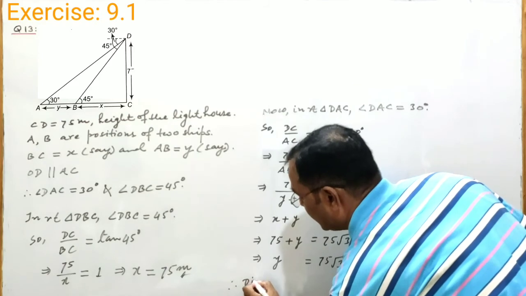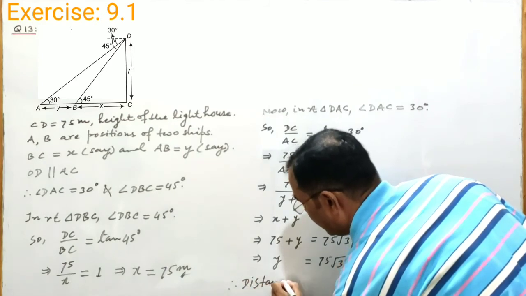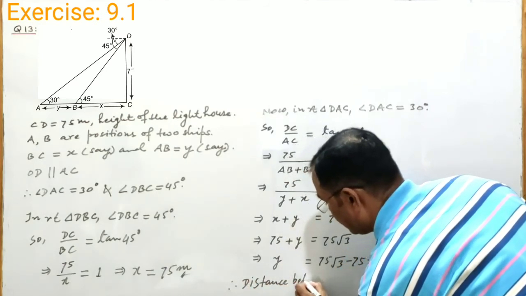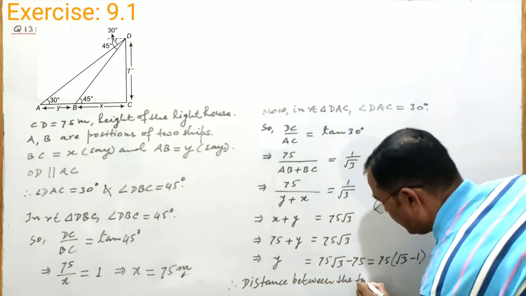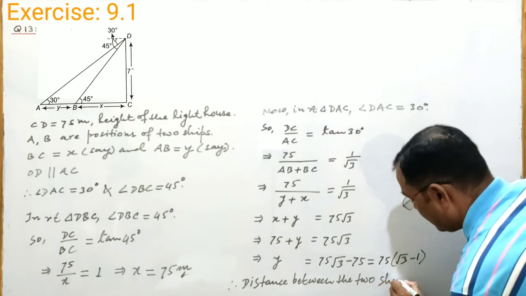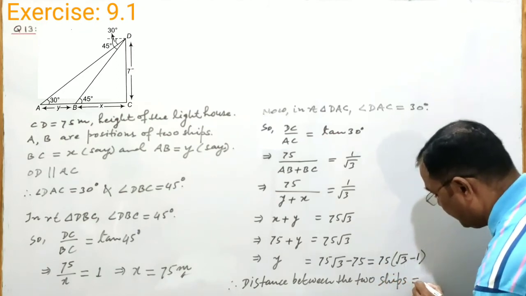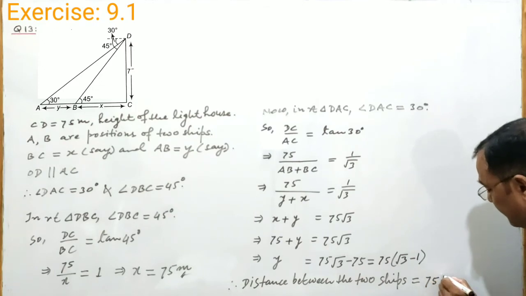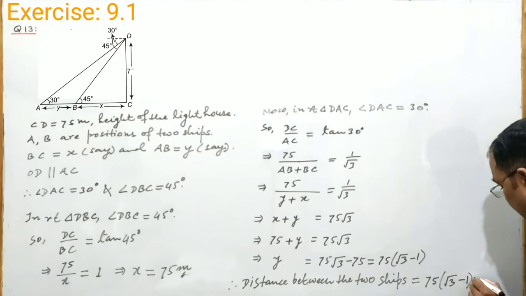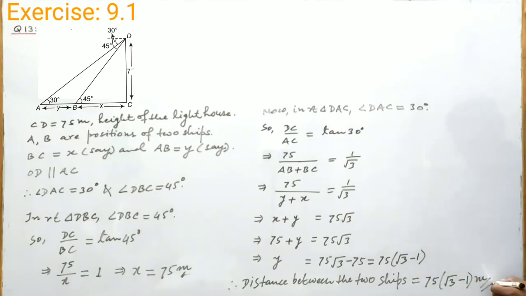So therefore the distance between two ships equal to 75 into root 3 minus 1 meter, and this is the answer.